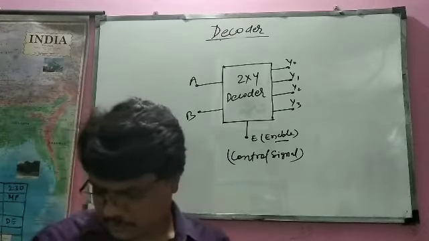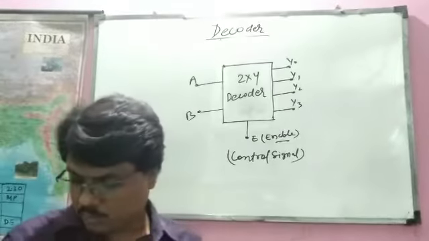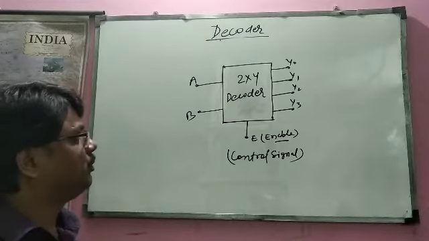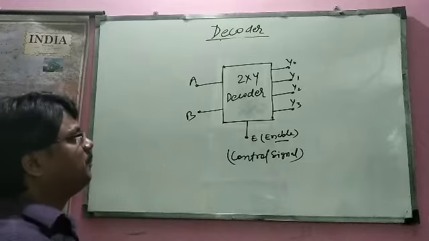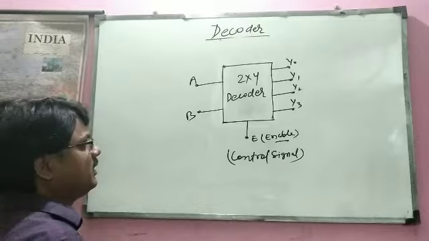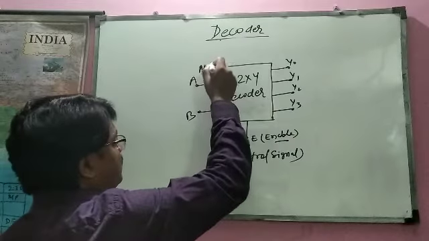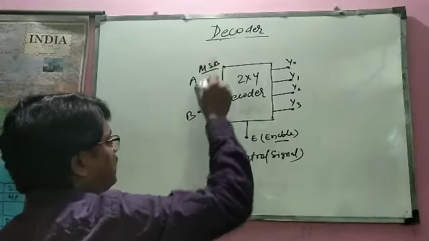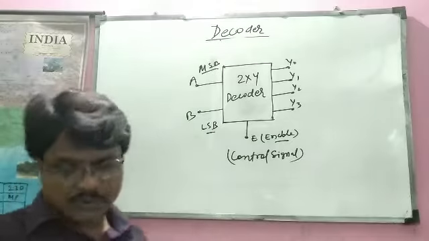And I told you in the previous class also, if we have a digital or binary signal, then MSB and LSB are important. So this upper side is MSB, and this is LSB.